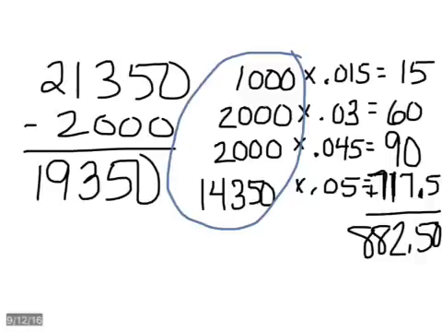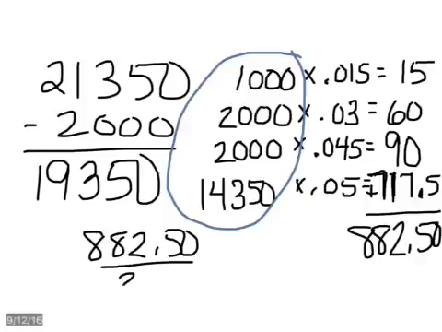Step 3, you take the annual amount and you divide it by how many paychecks you have. How many paychecks do you have if it's bi-weekly? 26. We're for the year, not necessarily for every 2 weeks. We're for the year. So that's how it's 26. So what's 882.50 divided by 26?